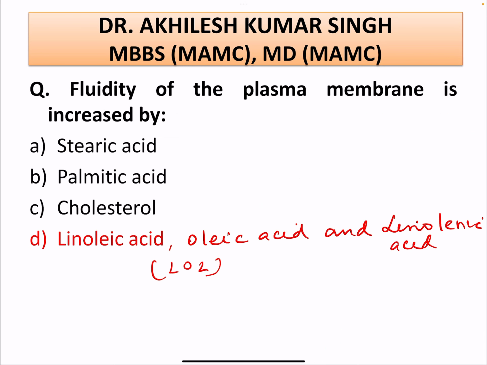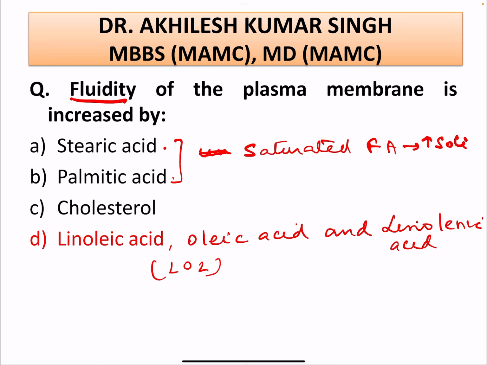Now let us look at the options here. The fluidity of this plasma membrane is increased by... Stearic acid and palmitic acid are saturated fatty acids, and they will increase the solidity of the cell membrane and decrease the fluidity.